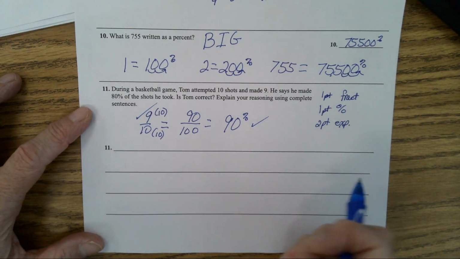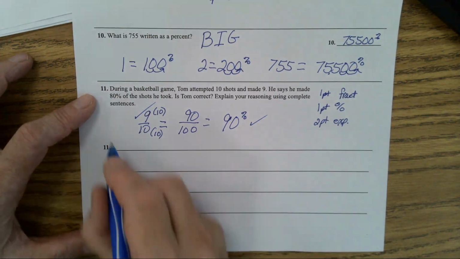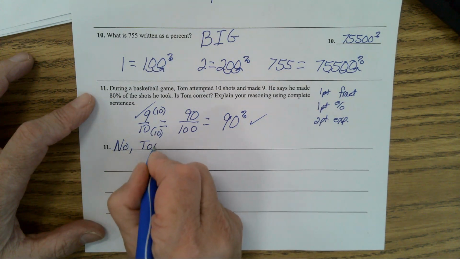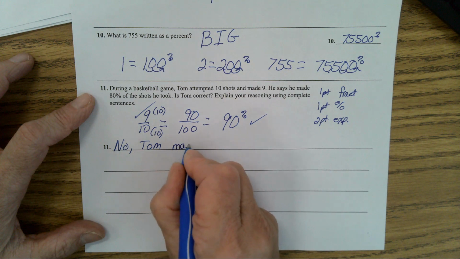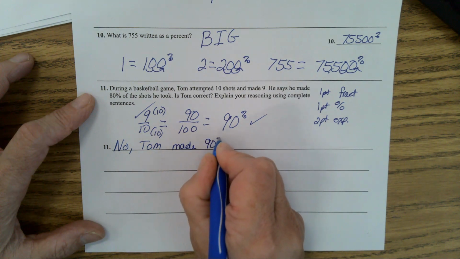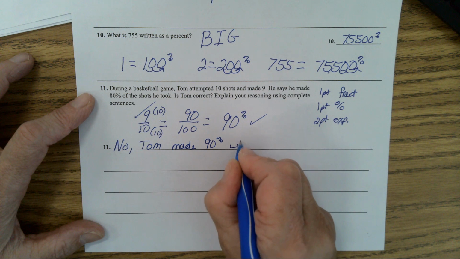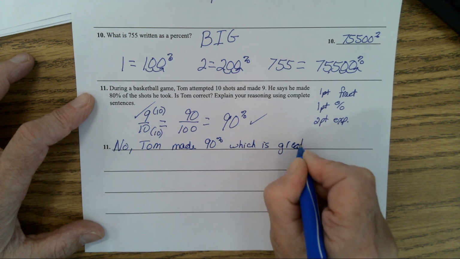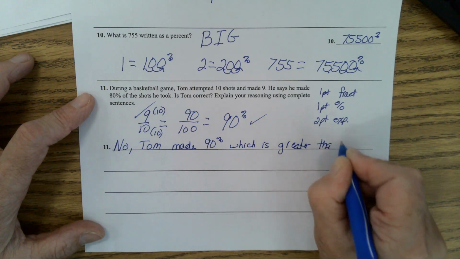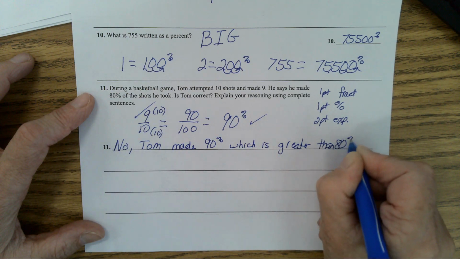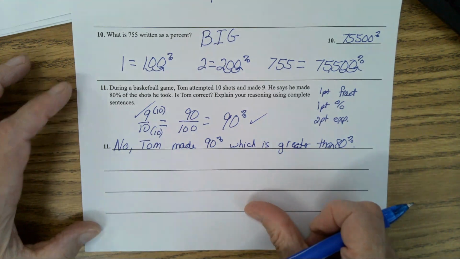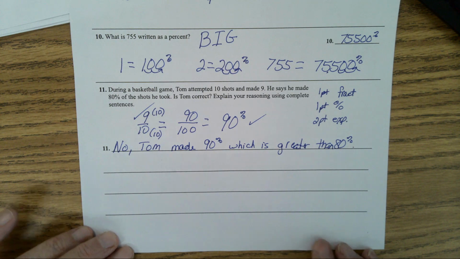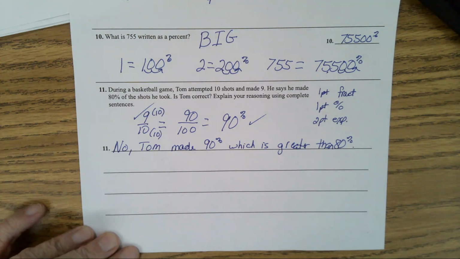But I think the best answer is no. No. Tom made 90%, which is greater than 80%. Something like that. Okay? Now, there's one other type of problem I want to go over that's on your test with you real quick.